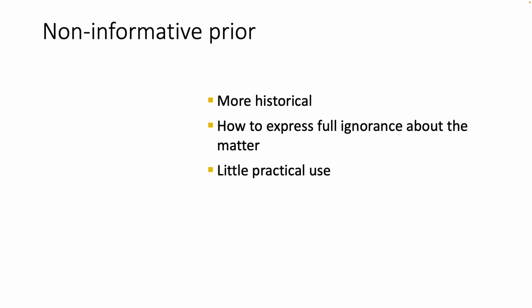Because non-informative priors were made for people that were doing Bayesian statistics, where still people are arguing that Bayesian statistics makes no sense, and they wanted, using Bayesian, to get the same results that were given by the frequency statistics. So they wanted to remove all the subjectivity.